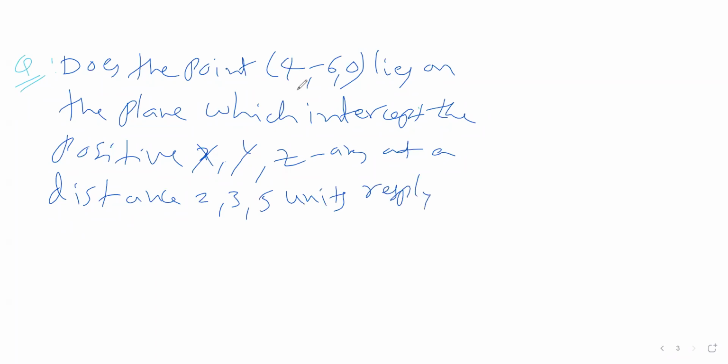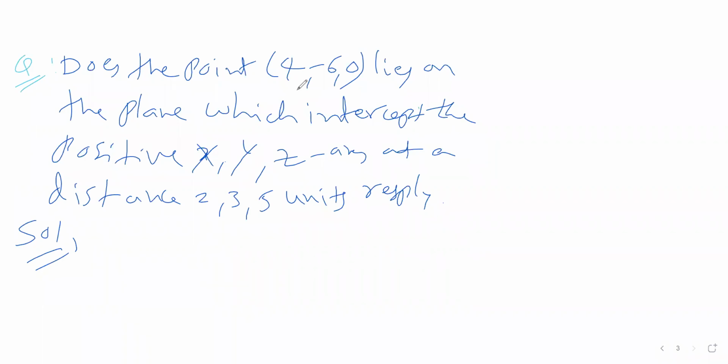This is the question we are doing. Solution for the problem: does the point (4, -6, 0) lie on the plane which intercepts the positive x-axis, y-axis, z-axis at distances of 2, 3, 5 units respectively?